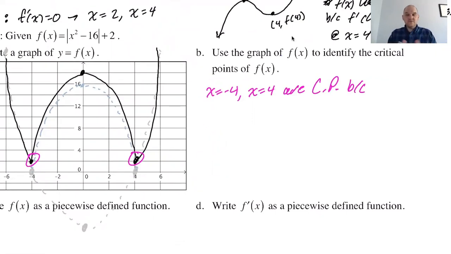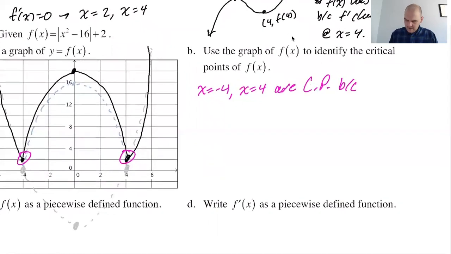They're relative minimums, so my eye was drawn to those, but they're sharp relative minimums, which is particularly interesting. So I'm going to say because f prime of -4 and f prime of 4 do not exist, DNE.